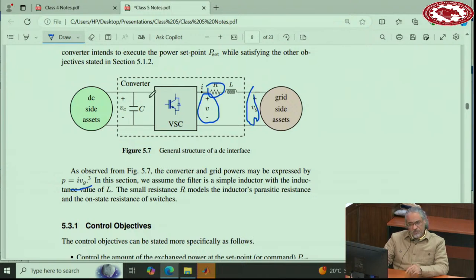So there seems to be no ambiguity about where you define the power. With an infinitesimal difference, you can define it here or here. Here is more convenient because Vg, the voltage here, if it's a grid voltage, is normally fixed and given, so it will make the analysis and the design easier.